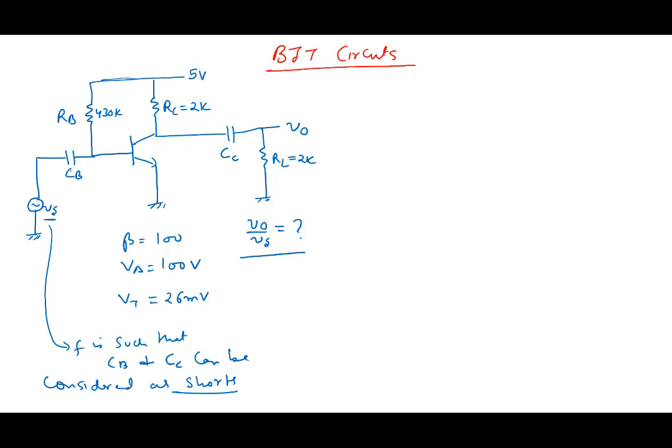Alright, so remember the way we do it: the circuit has a DC voltage applied here, DC is like 5 volts and all that, and it has a sinusoidal voltage.